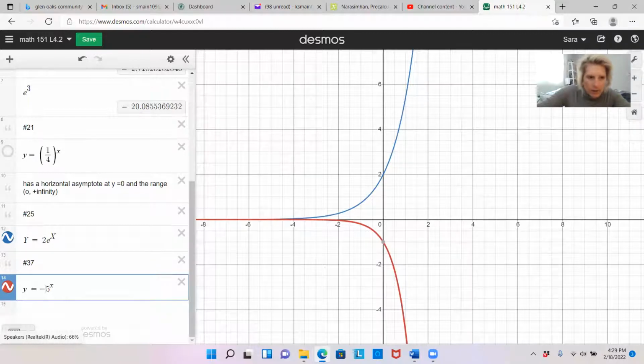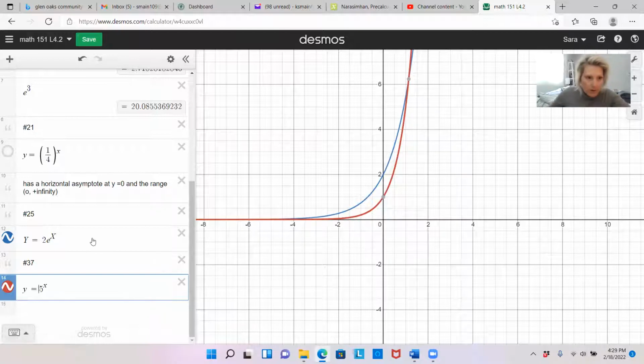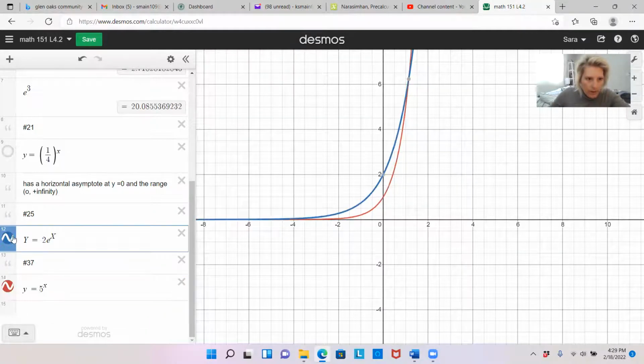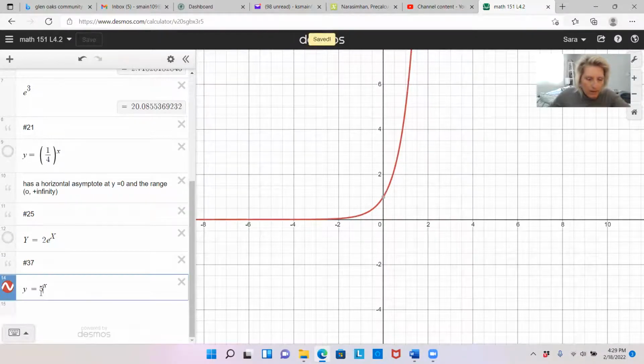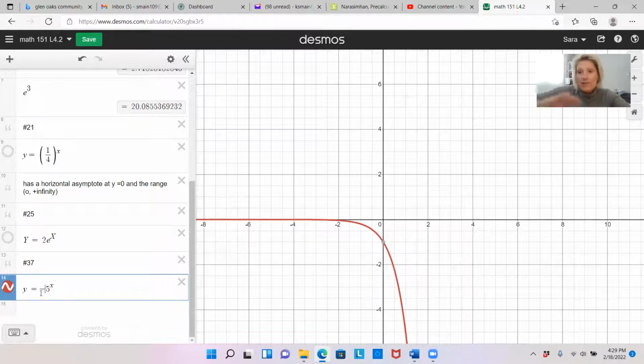You can see when I take that negative away, it's a definite exponential growth. I'm going to turn off our old graph here. But as soon as I put the negative there, it reflects over the x-axis, just like when we did the reflections for other functions in the last chapter. So that's kind of cool. It's still exponential growth, but it's just growing in the negative direction.